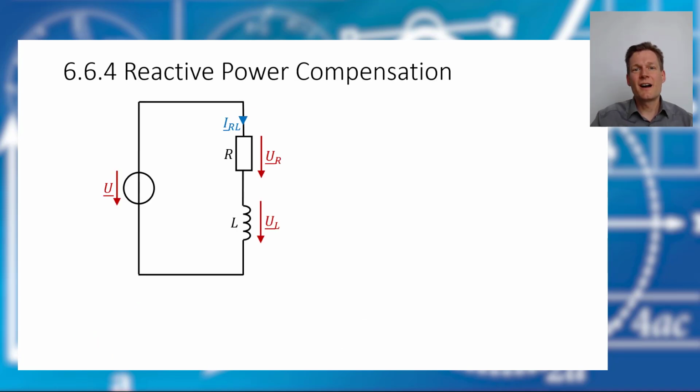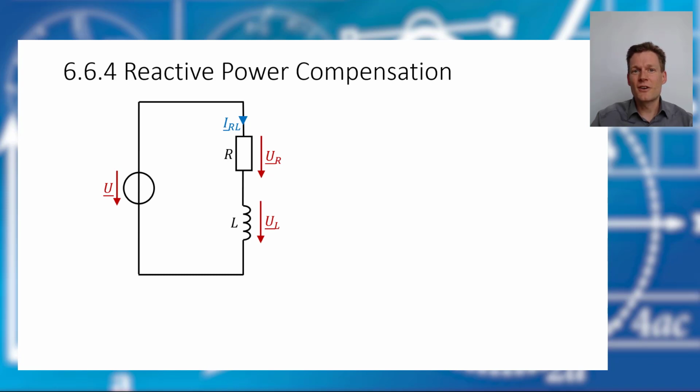In the end, I want to say something about reactive power compensation. Why should we compensate reactive power? I said we don't have to pay for that. Yes, that's true, but reactive power means that we have currents on our power net.